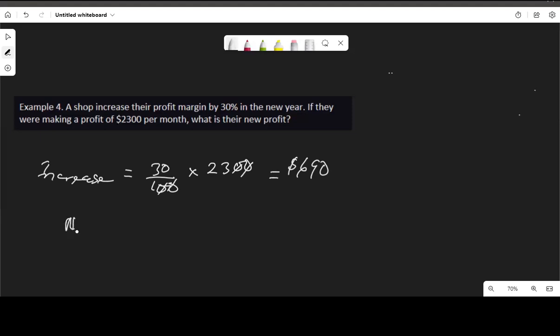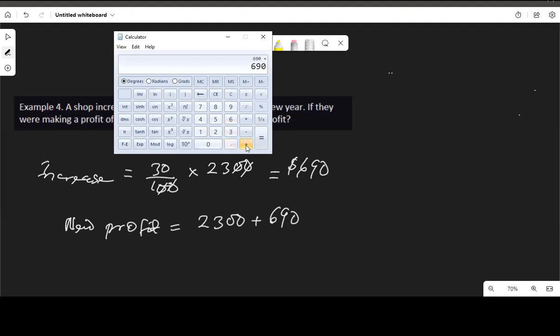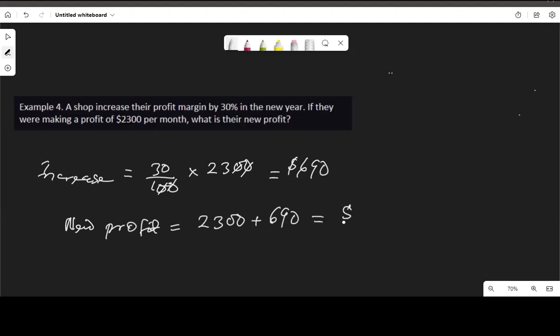Therefore, the new profit is equal to the old profit, which is 2,300, plus the percentage increase, which is 690. And 2,300 plus 690 is 2,990. So the new profit is $2,990. And that brings us to the end of this class.